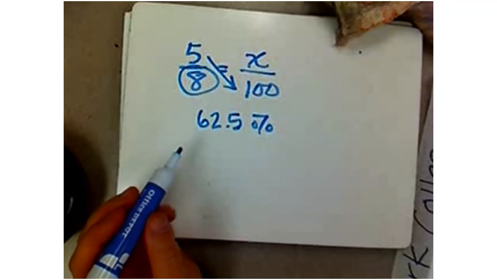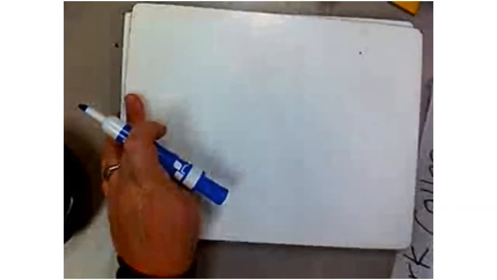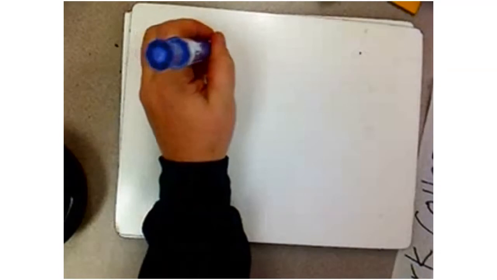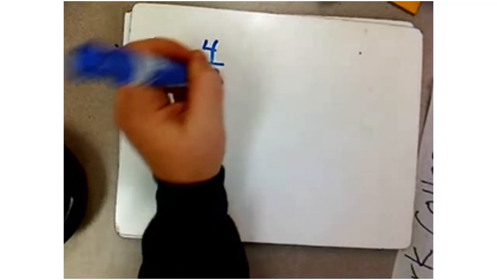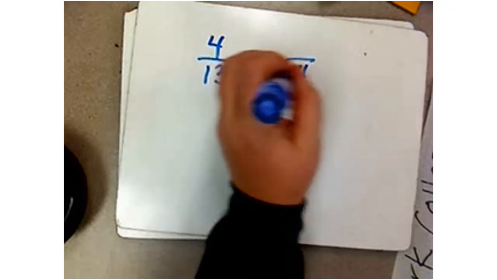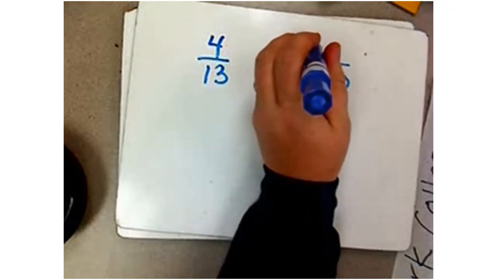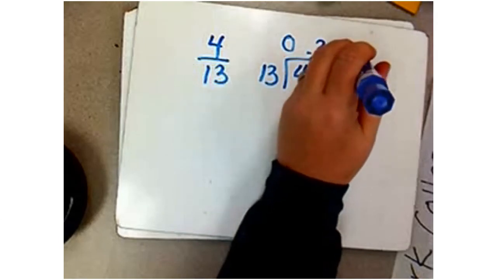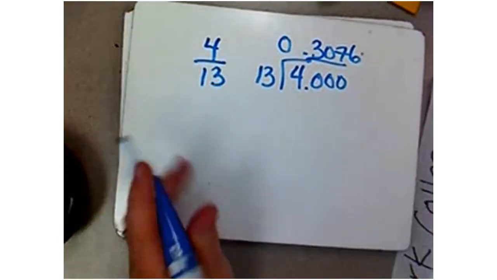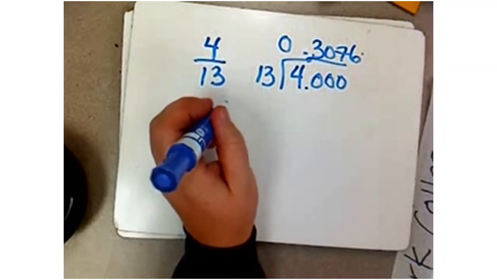All right. Sometimes you'll have to round your answers. Like in example 10, it says 4/13 to a percent. So if we take 4 and we divide it by 13, we're going to get 0.3076, and it's just going to keep going. So we're going to stop there and round to the nearest tenth. It says tenth of a percent.